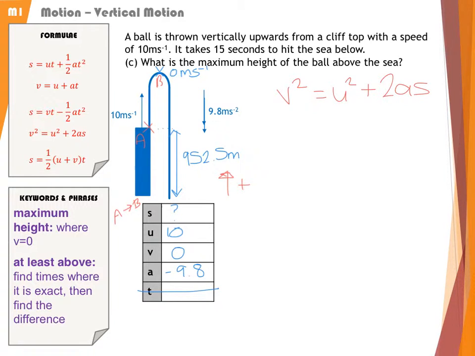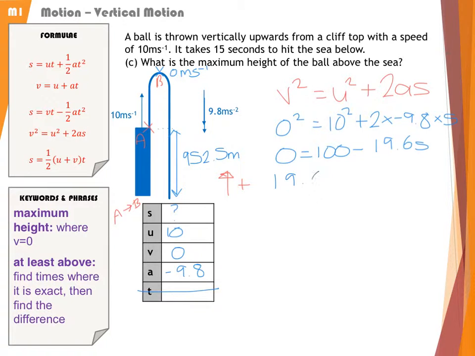Then we put all of our numbers in, so 0 squared is 10 squared plus 2 times minus 9.8 times S. Okay, bit of rearranging to do then and simplifying. So 0 squared is 0, 10 squared 100, and then 2 times minus 9.8 is minus 19.6 S. Okay, so I want to find out S, so I'm going to move this to the other side because I want it to be positive.